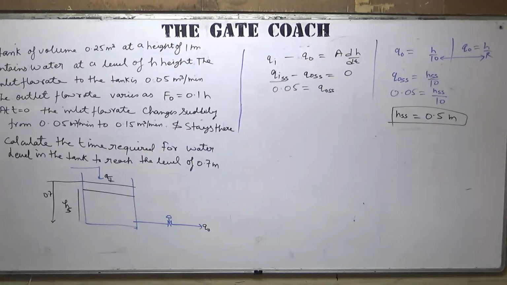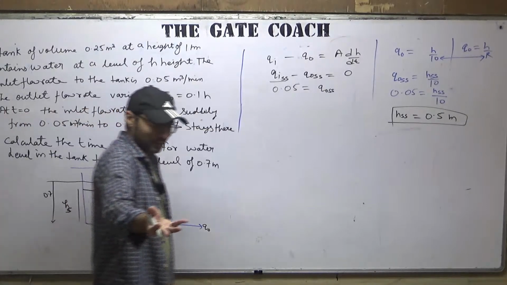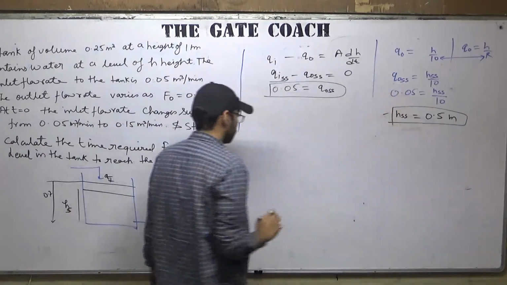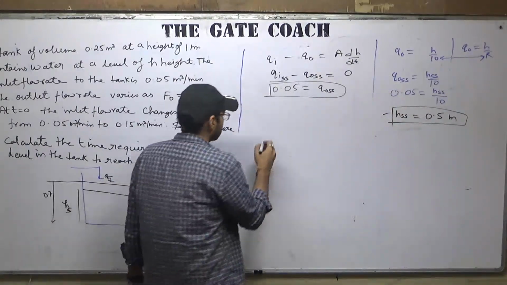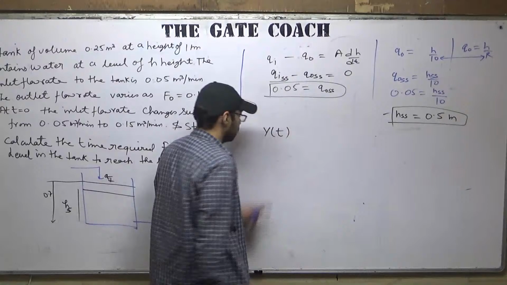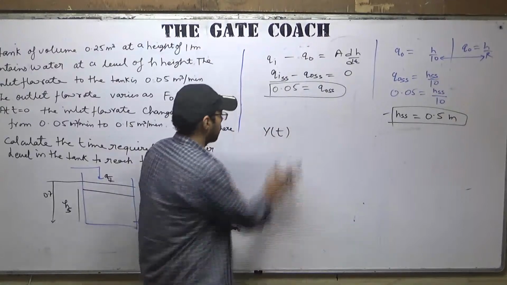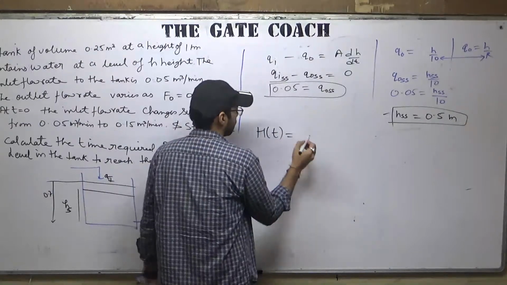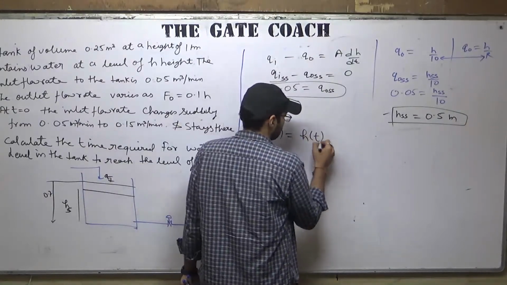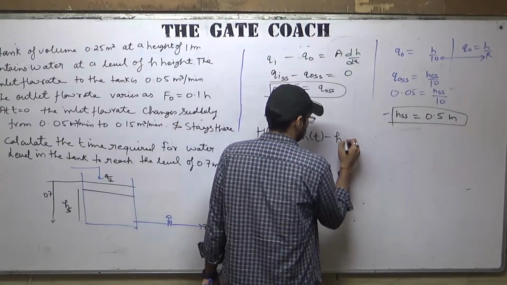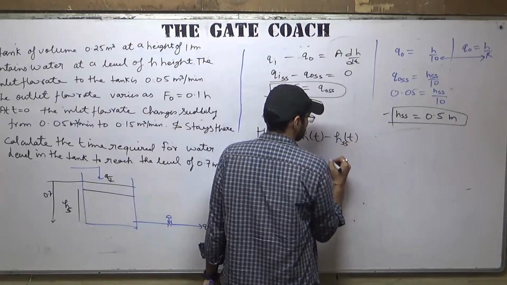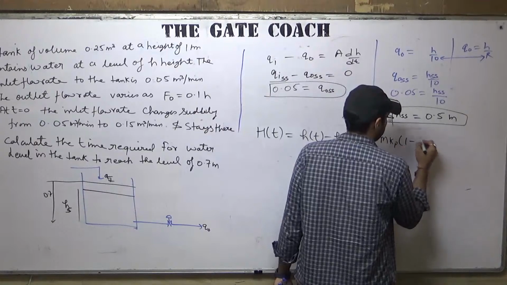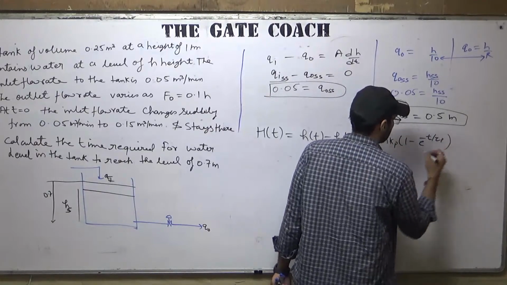Yes or no? Yes, now it is getting clear, a little bit. Now we know this thing. We know one equation also: capital H of t, which is small h of t minus small h at ss, equals Kp times M times 1 minus e power minus t by tau p.